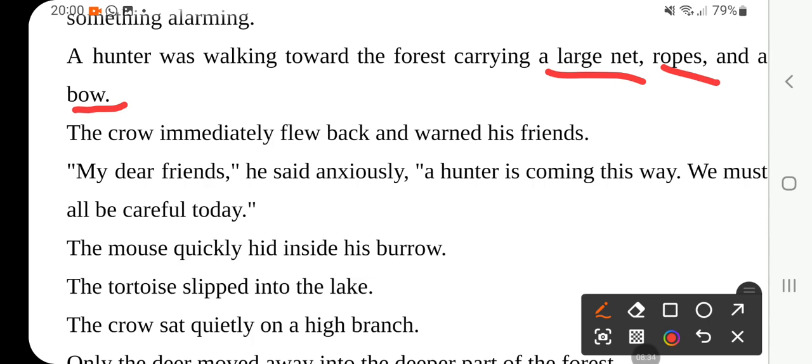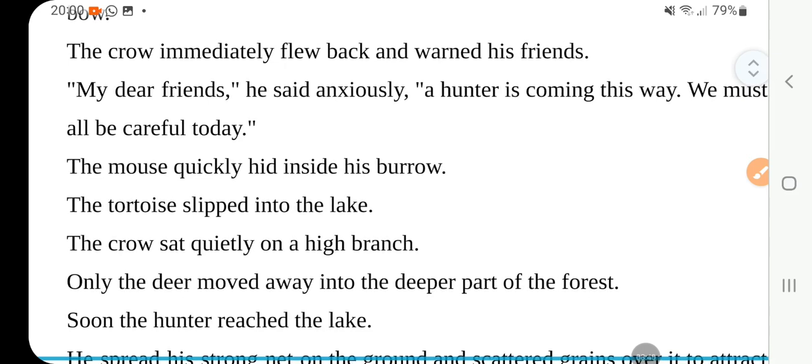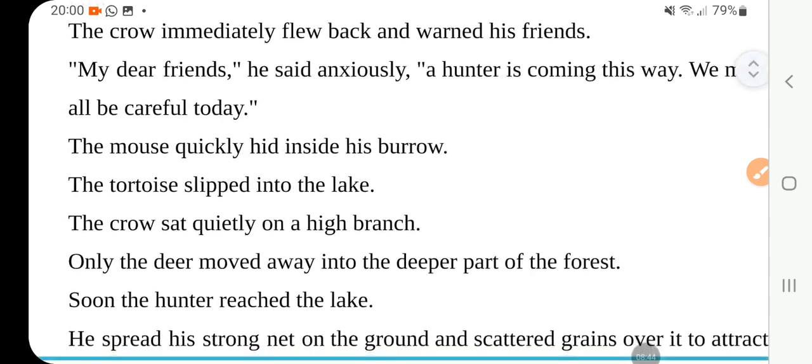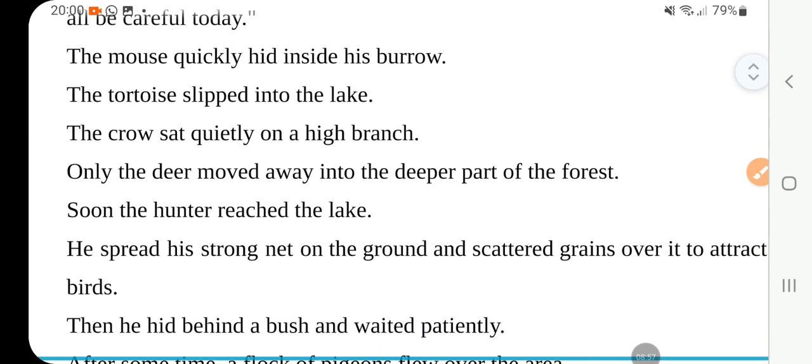The crow immediately flew back and warned his friends. "My dear friends," he said anxiously, "a hunter is coming this way. We must all be careful today." The mouse quickly hid inside the burrow.